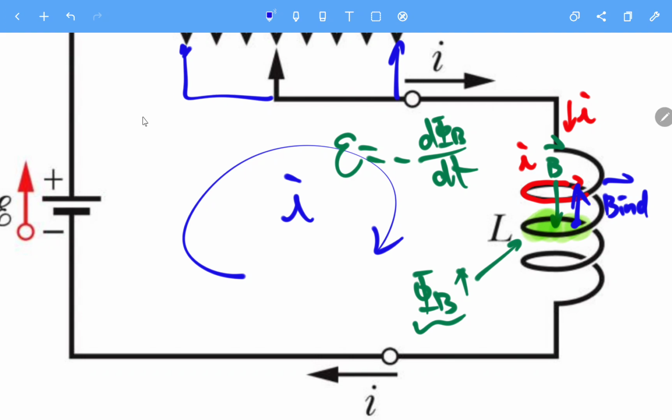So this is the idea here. Quite complicated. We start from a current going through the first turn, and then this turn generates a B field, and then there will be a magnetic flux for the second turn or other turns. As this magnetic flux is changing and increasing, it should generate a B induced pointing the other way around. This is called the B induced, which means that there will be an EMF in that direction.